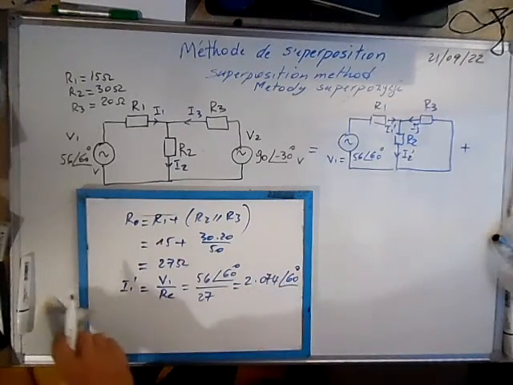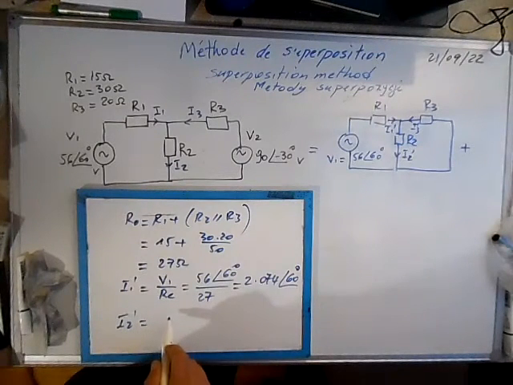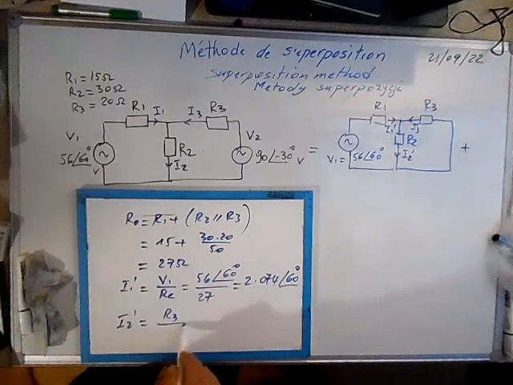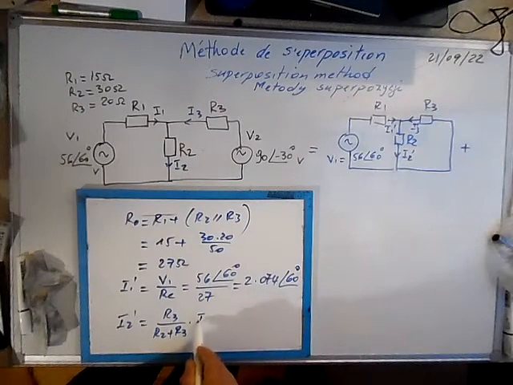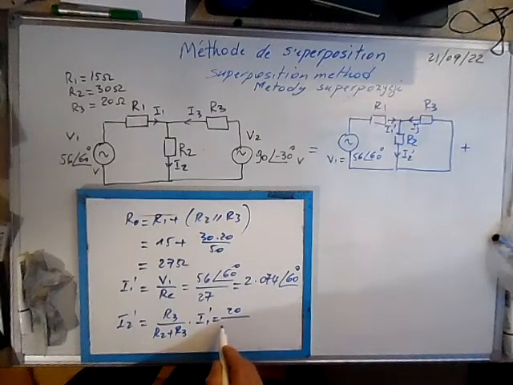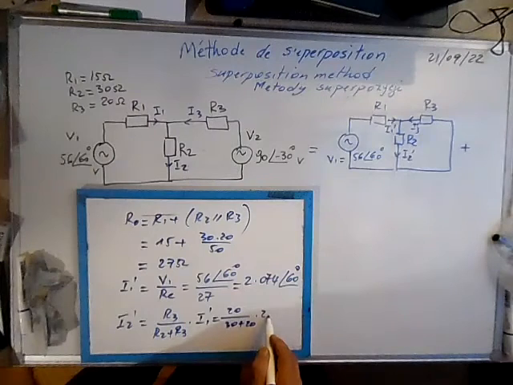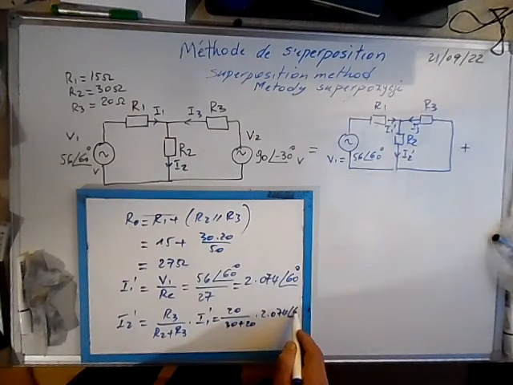We calculated I1 prime, now we need I2 prime. I2 prime is equal to R3 over R2 plus R3 times this current. R3 is 20, over R2, 30, plus 20, times 2.074 at 60 degrees.